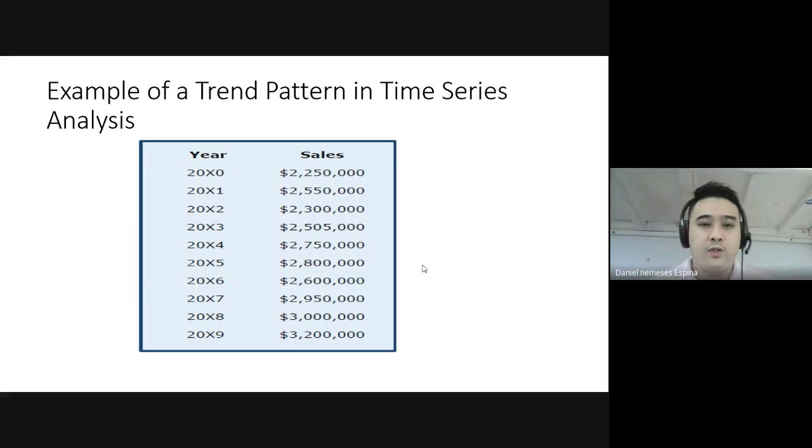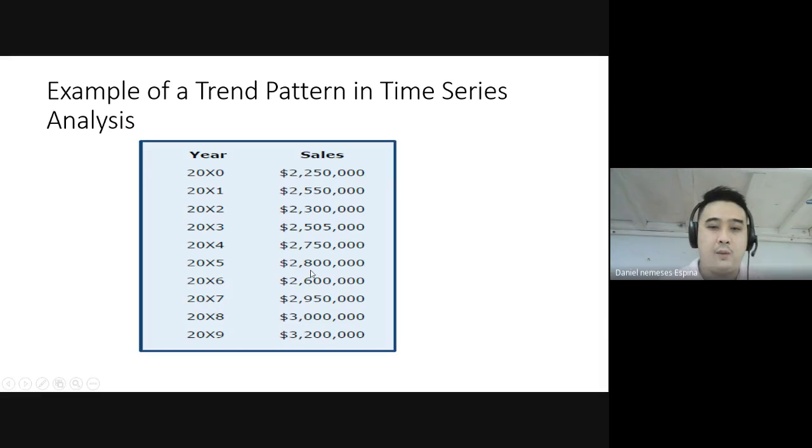If you use this data, let's say from 2010 to 2019, this is an example of a trend pattern in the time series. As you can see in their sales, it is increasing. Okay, so increasing over time.